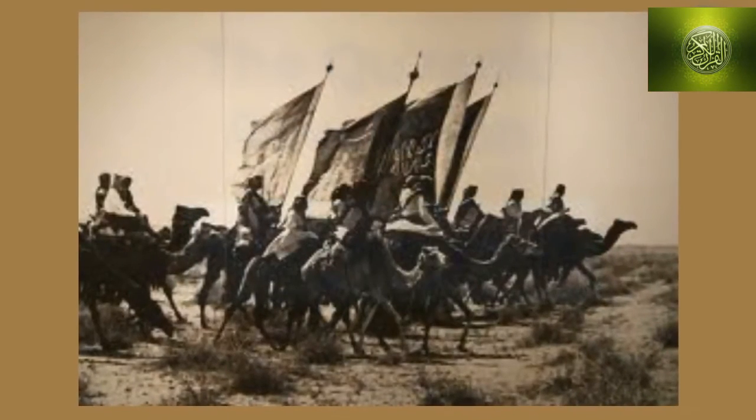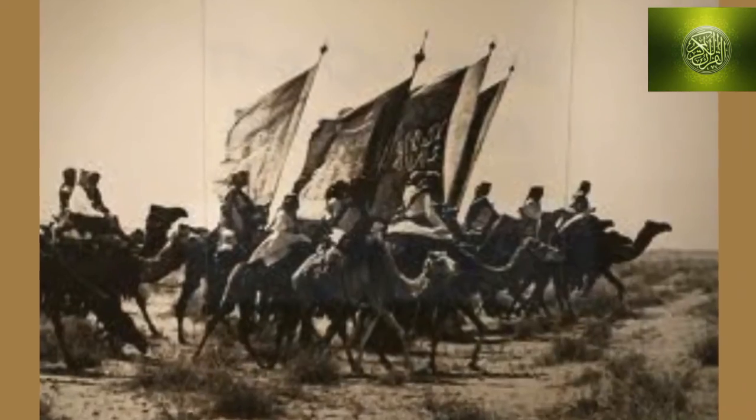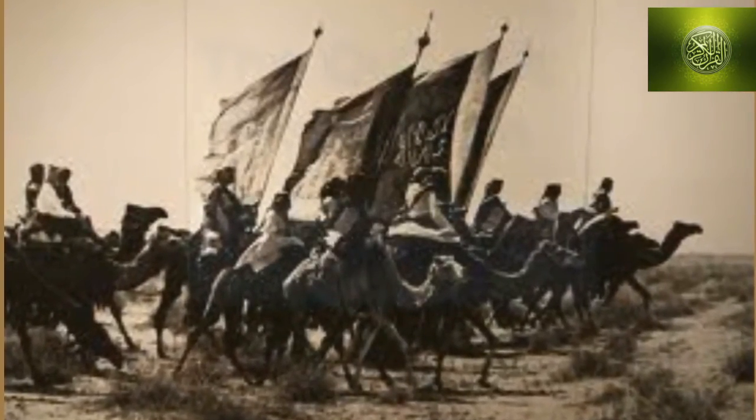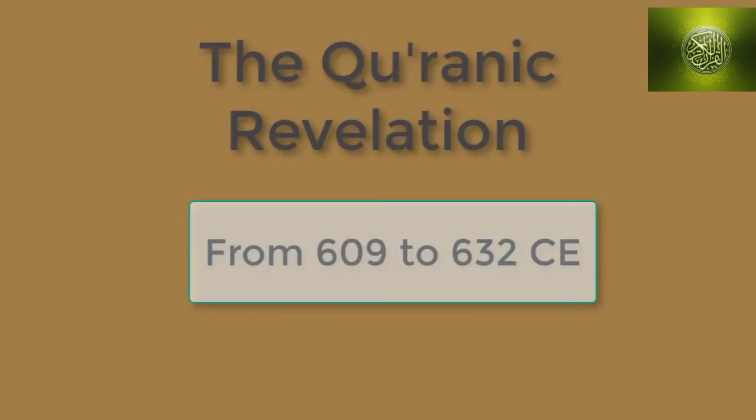In the wars that followed, many of those who had memorized the Quran were killed. While the community mourned the loss of their comrades, they also began to worry about the long-term preservation of the Holy Quran. Recognizing that the words of Allah needed to be collected in one place and preserved, the Caliph Abu Bakr ordered all people who had written pages of the Quran to compile them in one place.